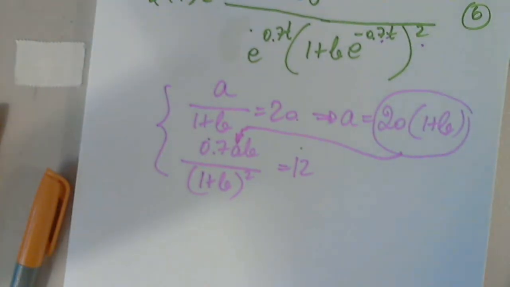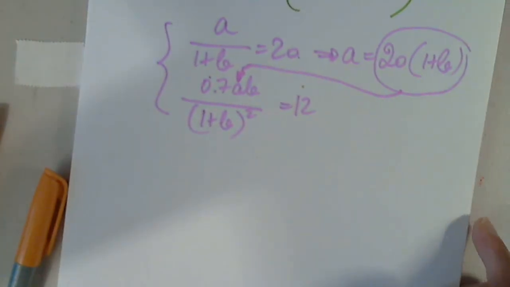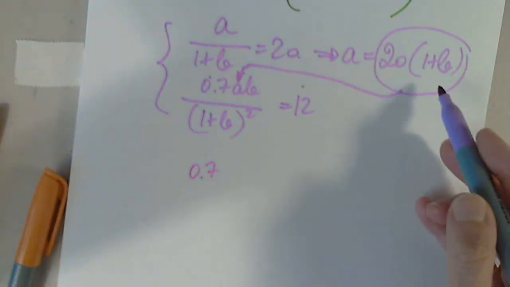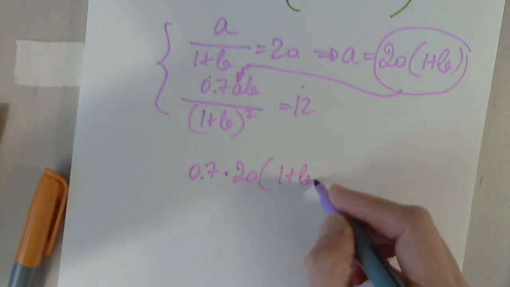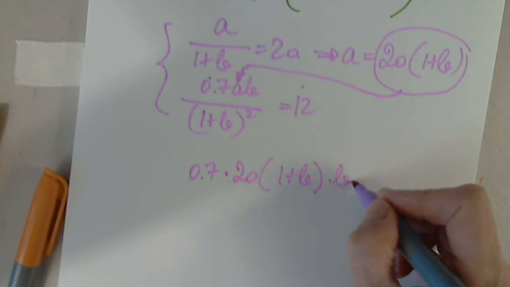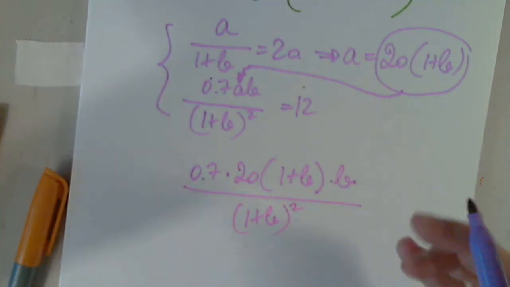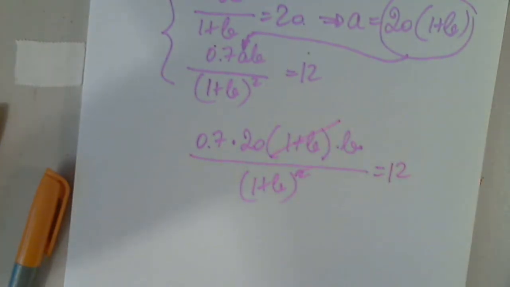This part of algebra is less important, but what was very important is to identify what the problem was telling us. Okay, so I have 0.7. I replace a by 20, in parentheses 1 plus b. I still have b, and the denominator is 1 plus b, everything squared. And this equals 12. Of course, I will eliminate one of these.